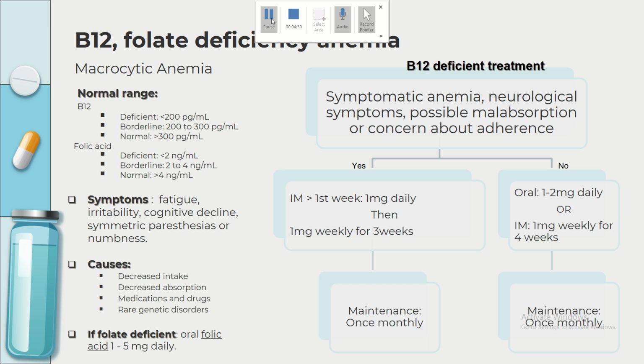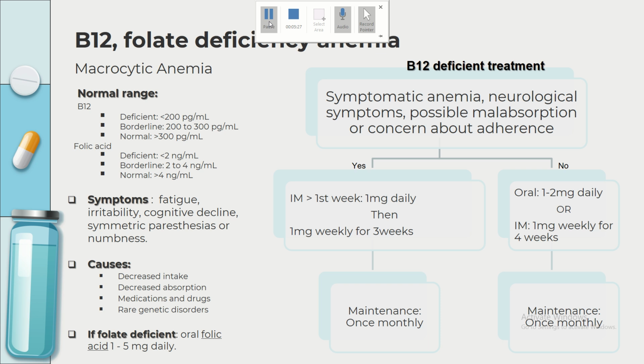Another cause is decreased absorption, in case of intestinal obstruction, for example, medication and drugs. And please know which pharmacological classes will cause B12 and folic acid deficiencies. And the final cause is a rare genetic disorder. Since folic acid deficiency is rare, we will mainly talk about B12 deficiency.